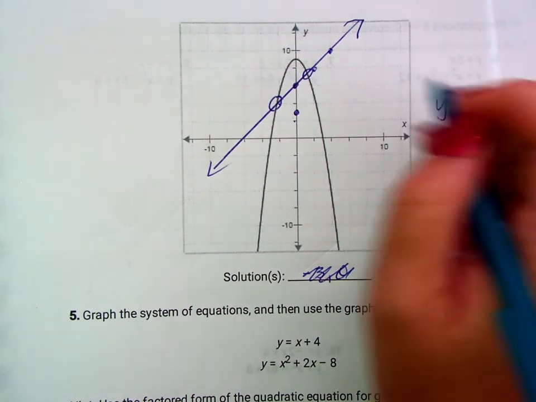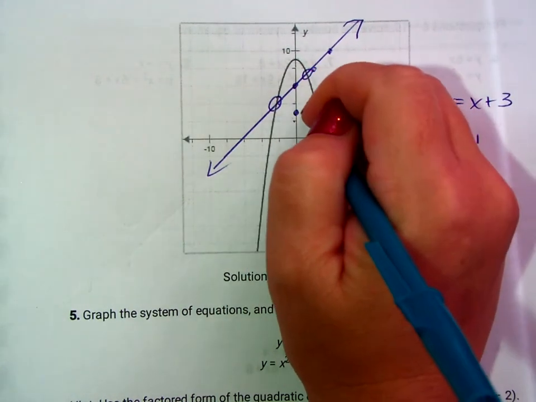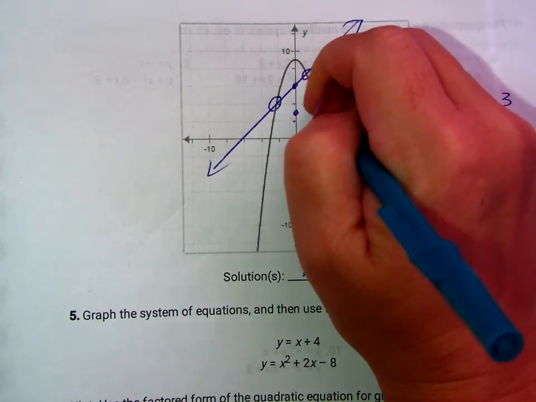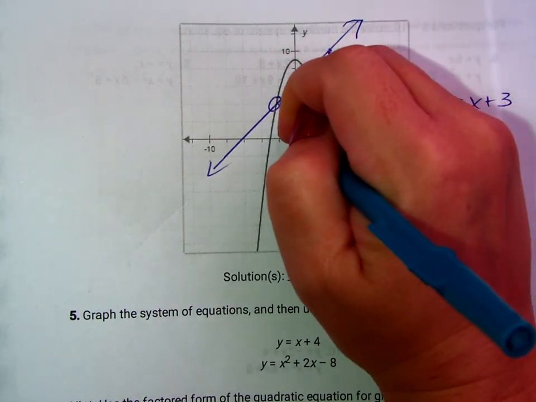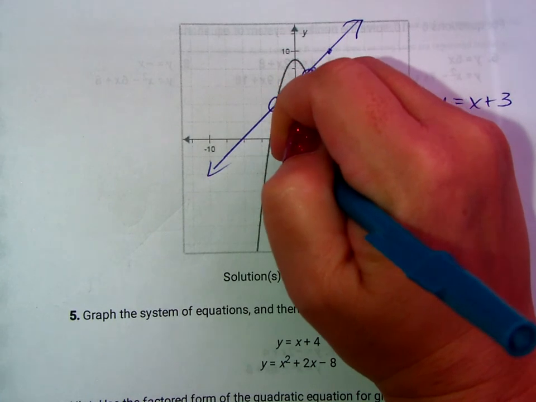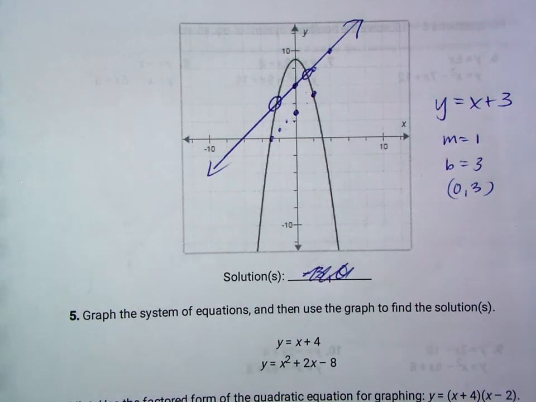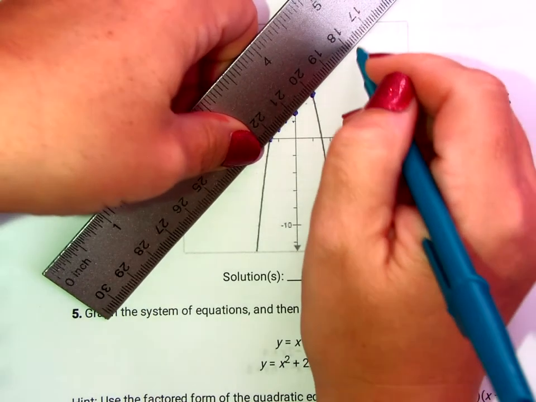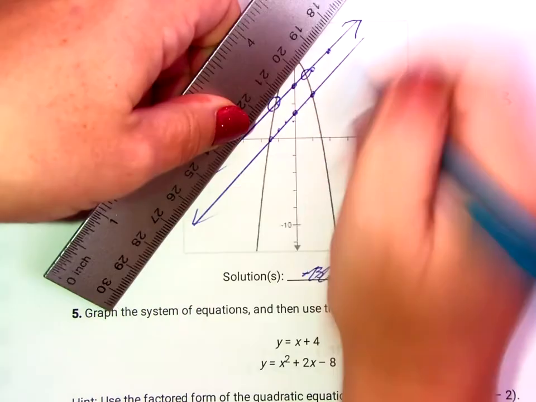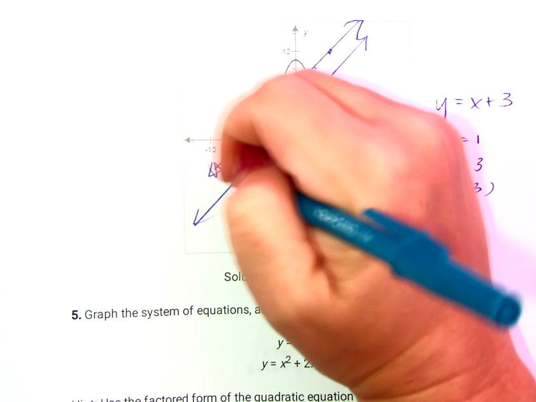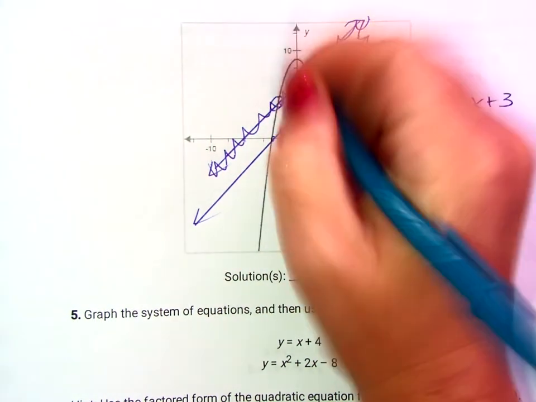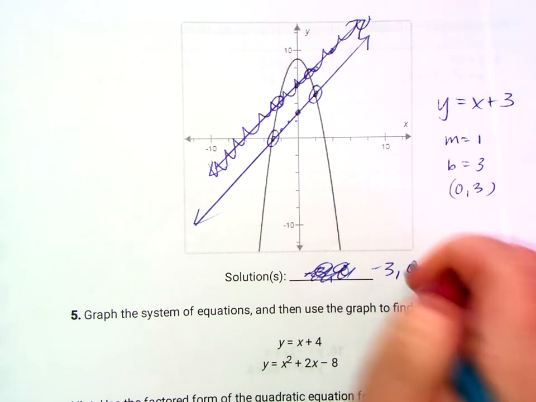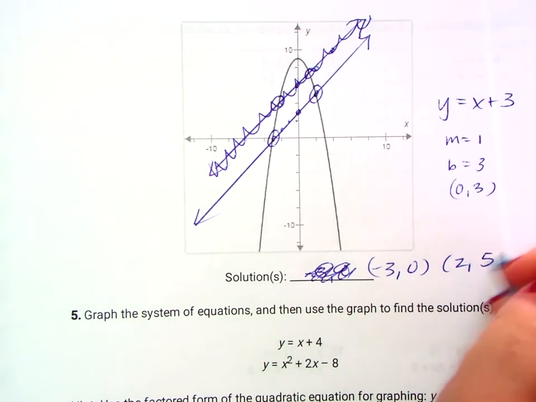And then slope of 1 would be up 1 over 1, up 1 over 1, down 1, back 1, down 1, back 1, down 1, back 1. So ignore that first line, everybody. This was scaled by 2's. Ignore this guy. So now I can see they're really touching on corners at -3, 0 and at 2, 5.